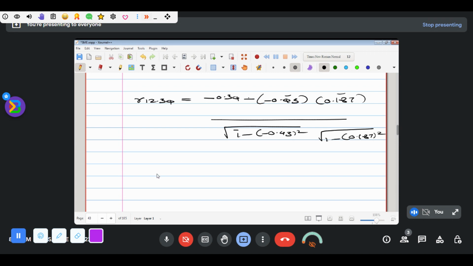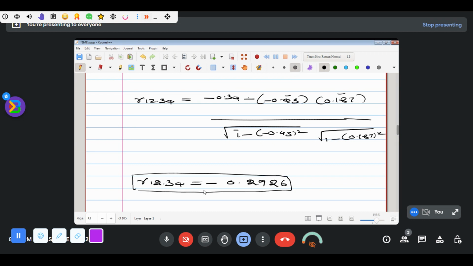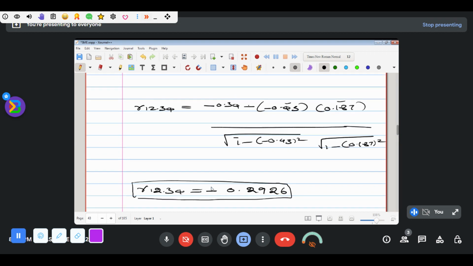Calculate numerator and denominator separately, otherwise using a scientific calculator in one go, the end result will come: minus 0.2926. Please complete this work using the calculator. Just apply the formula and you get this result.